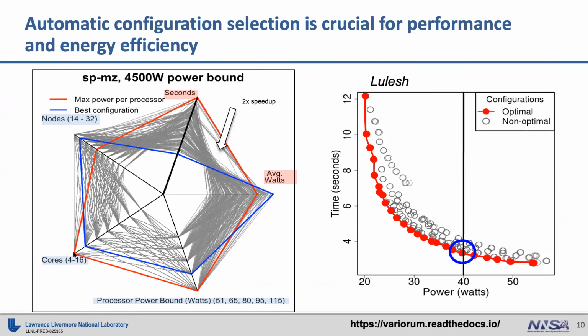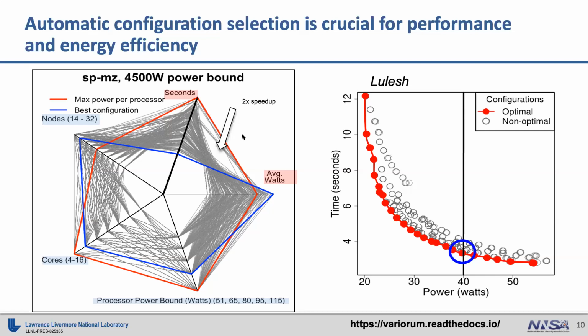The traditional configuration is the one highlighted in red, where we run all cores, maximum power, and a limited set of nodes that we can bring up under that power bound. And it leads to a certain time and a certain power consumption. The better configuration we found was when we drop the number of cores, drop the processor power bound, but are able to bring up more nodes under the same power cap. And that results in a 2x speedup.